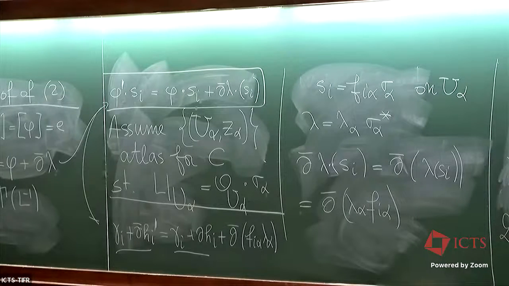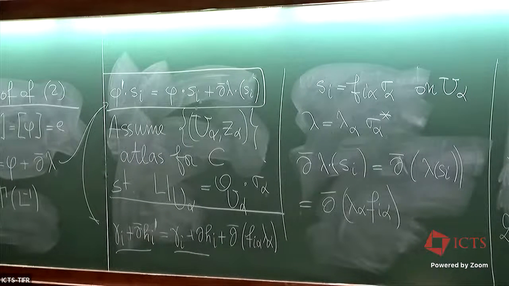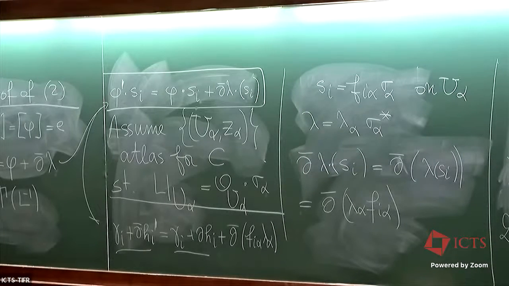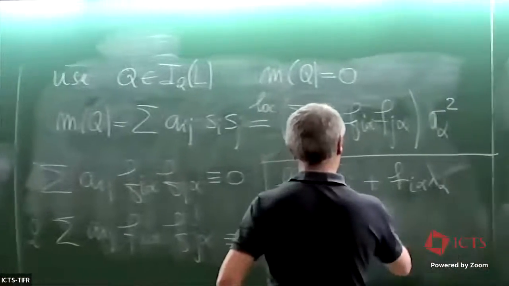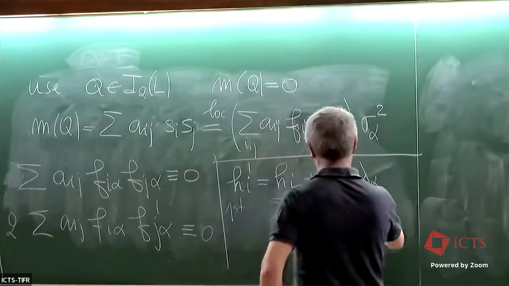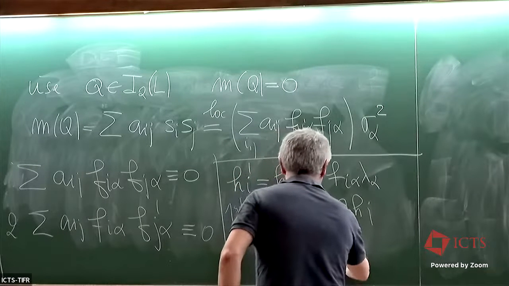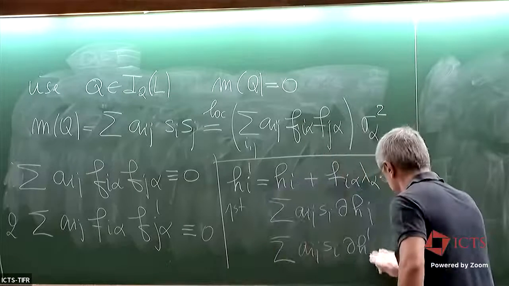Okay, now we have computed the second functions from the first, and then we have to compare these two expressions. So the first expression is the original one. And the second expression is the same, but with h prime.